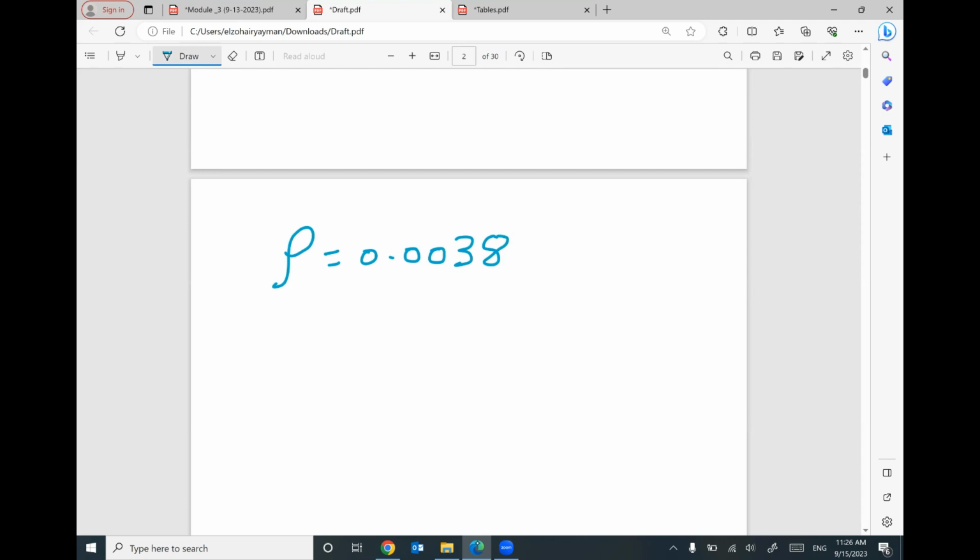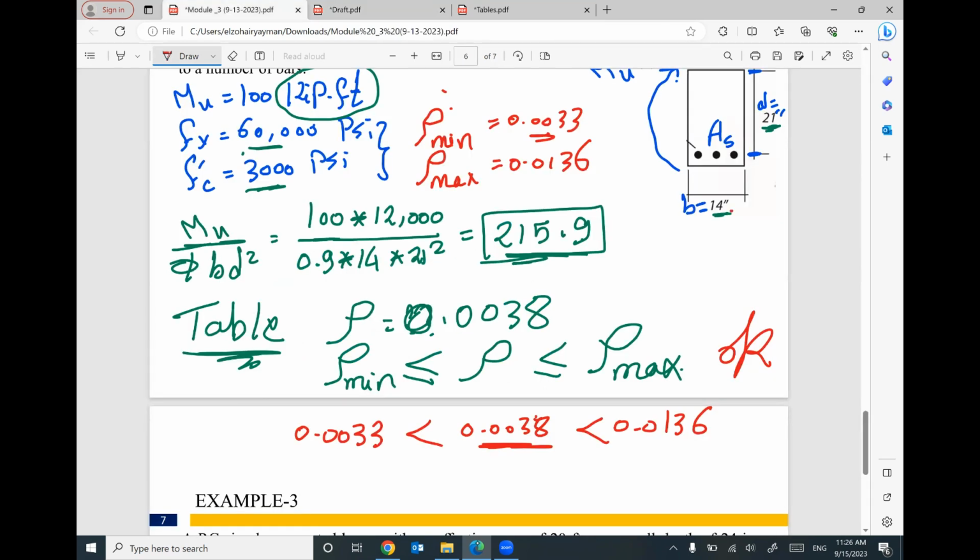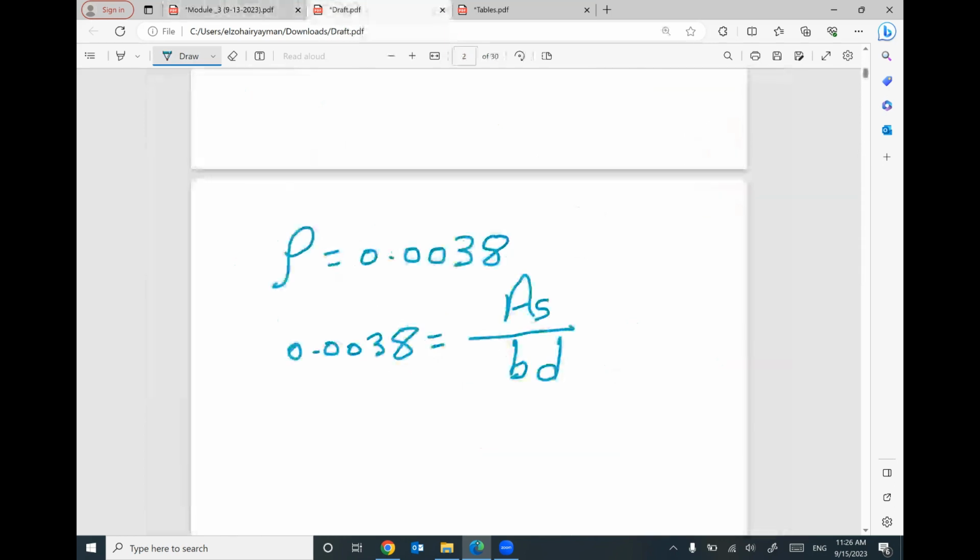This rho value equals the value of area steel divided by B times depth. Your value of B equals 14 and the value of depth equals 21. So this one is 14, this one is 21. The only unknown in this expression is your required area steel. The required area steel will be 0.0038 times 14 times 21.